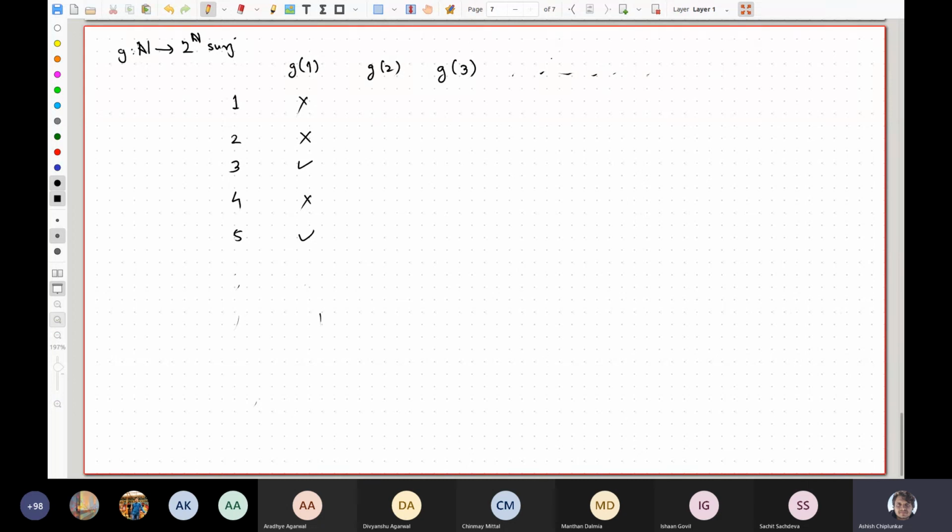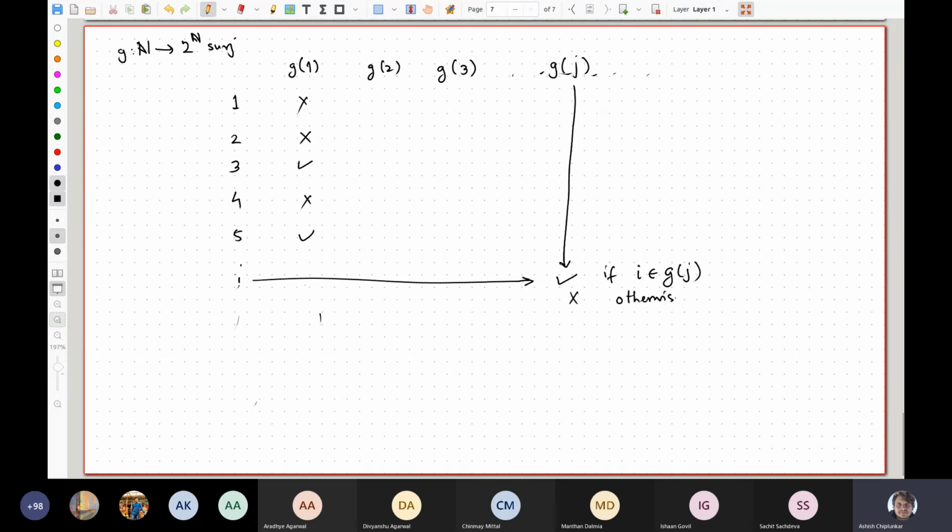So in general, in the ith row and the jth column, I'll put a tick mark if the number i belongs to G of j, and I'll put a cross otherwise. So this is the table that I'm trying to create. This is just a thought experiment. I'm not writing the proof for now.